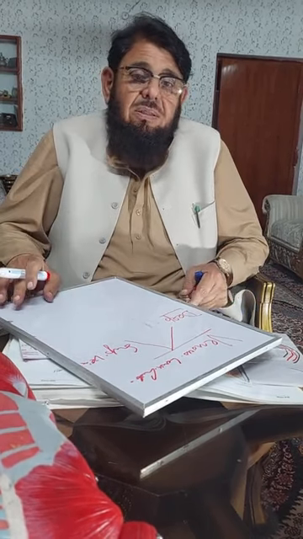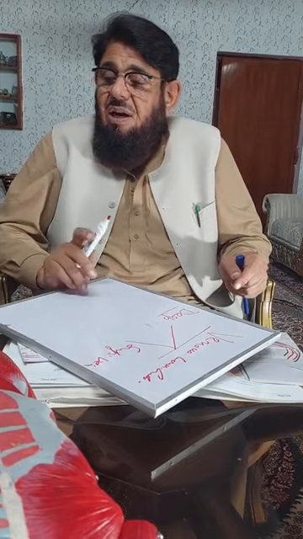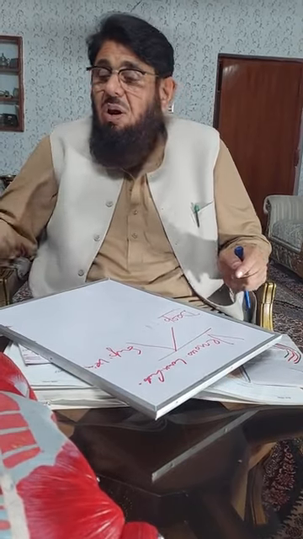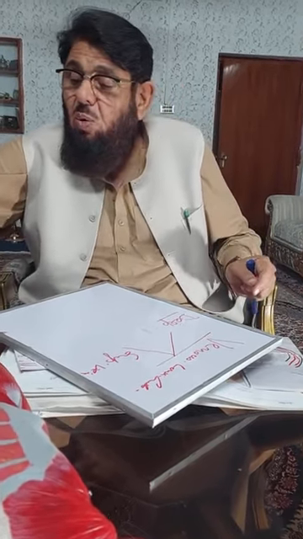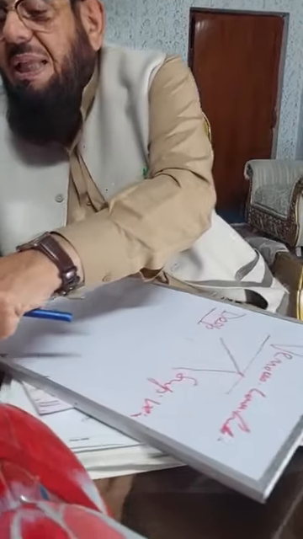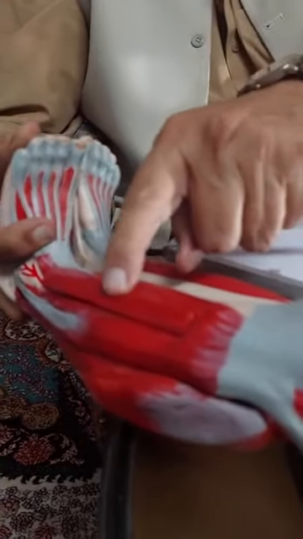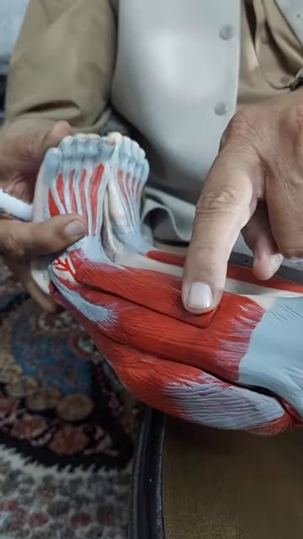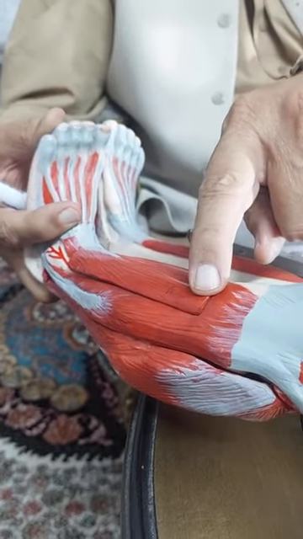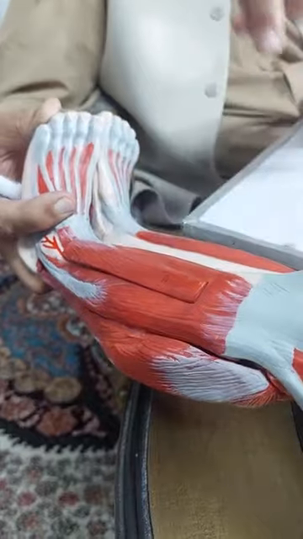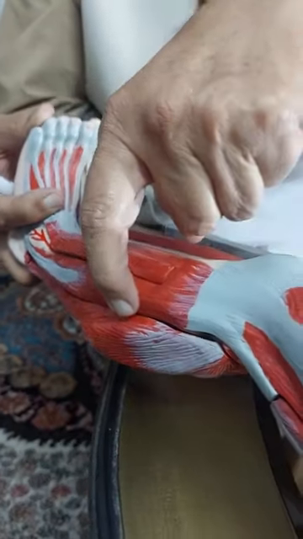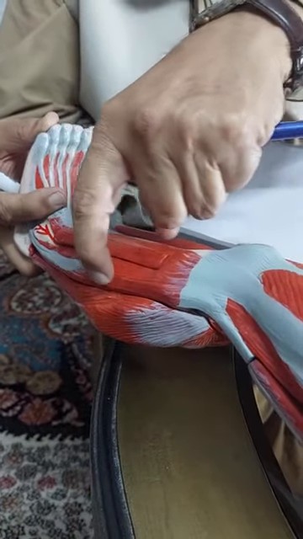That's why the deep veins of the lower limb are, look over here in this anterior compartment, the anterior tibial vein, the vena comitans of the anterior tibial artery. And then over here is the peroneal vein, the vena comitans of the peroneal artery.